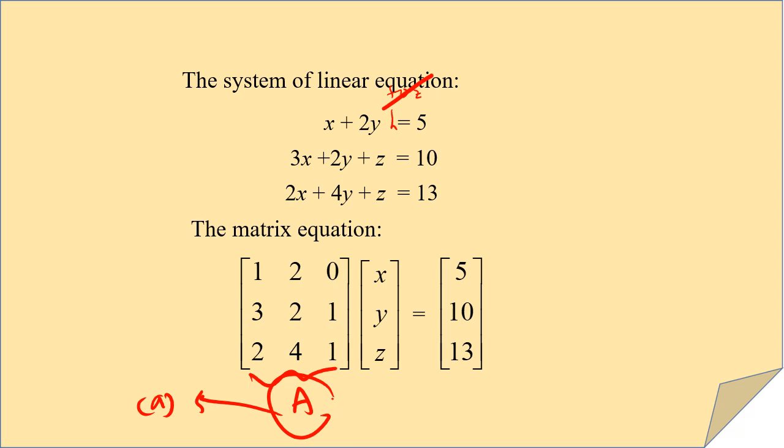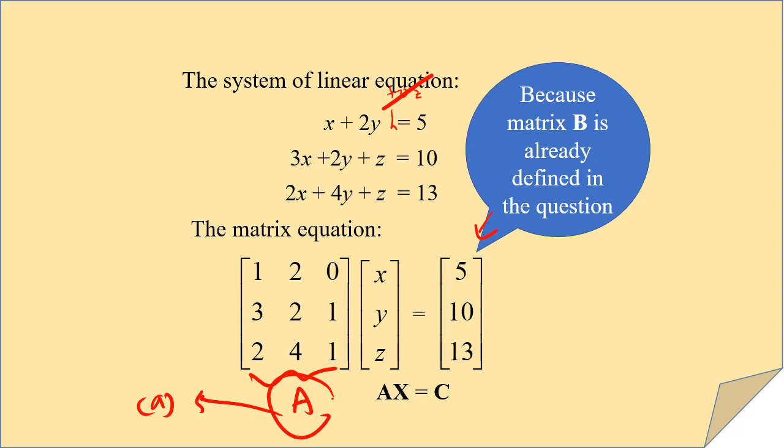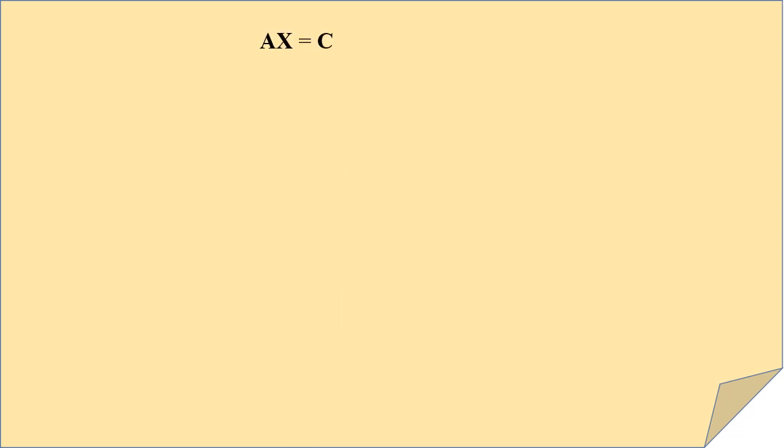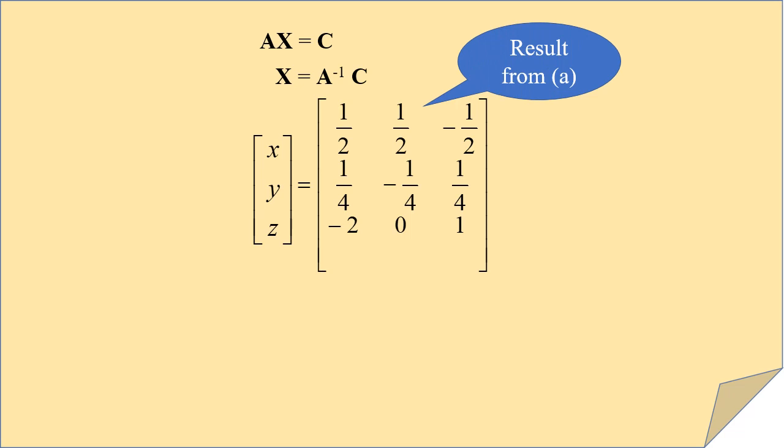So to solve for x, y, z, let's say we represent it as Ax equal to C, this matrix C, because we have B in part A already defined in the question, so we use another representation, matrix C. So this matrix A is the same matrix from part A. So from part A we already have A inverse.